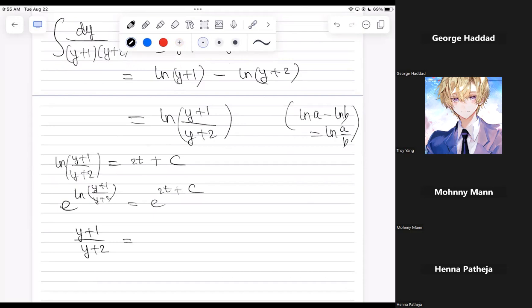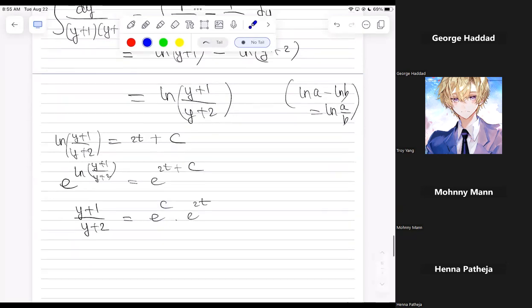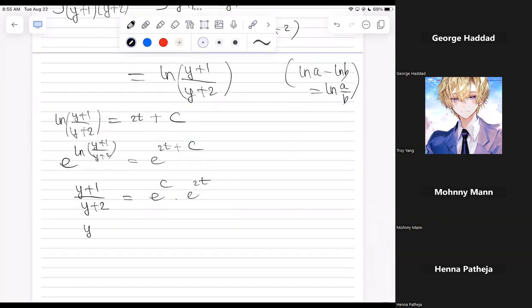And the right hand side is e to the power c times e to the t. Here e to the c is a constant, so I can replace it by another constant c.